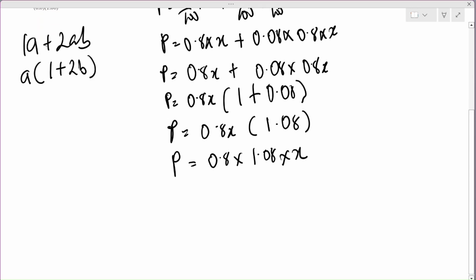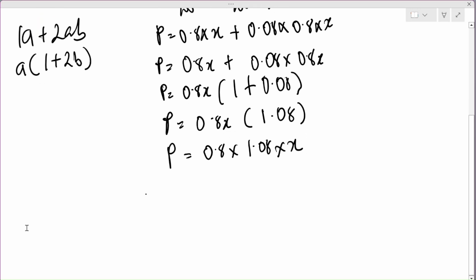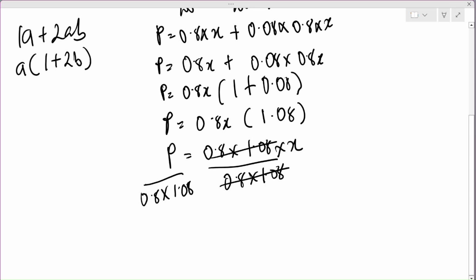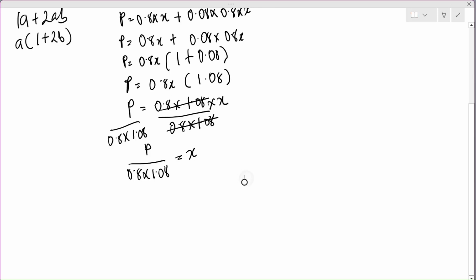We have P over 0.8 times 1.08, and this cancels. You have x equals P over 0.8 times 1.08. We're trying to make this look like one of the options.